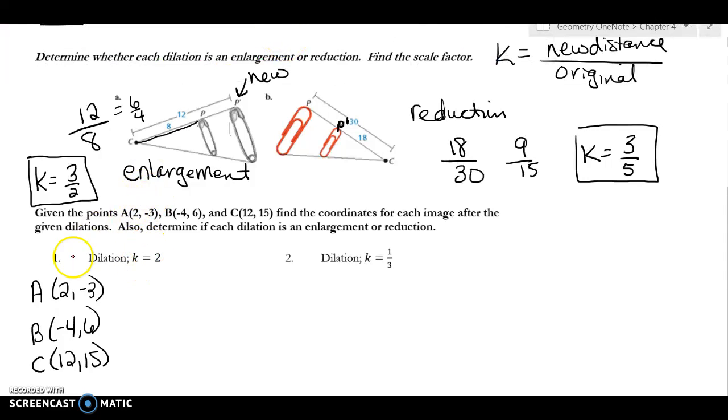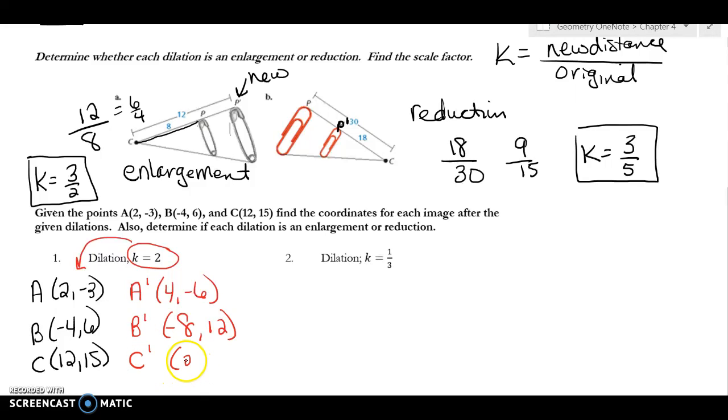It says that my scale factor is 2. So that means all of these numbers get multiplied by 2. So A prime is (4, -6). B prime is (-8, 12). And C prime is (24, 30). And that's all I do. I just multiply everything by my scale factor.